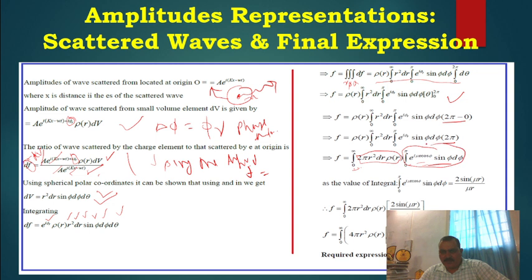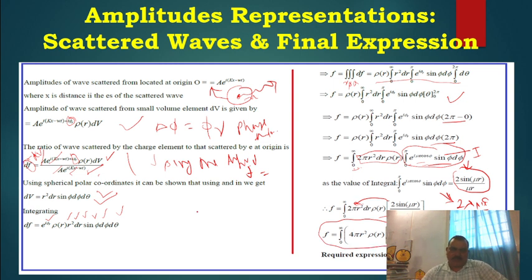This integral is a standard one, having the value 2 sin mu r by mu r. Putting this value, f equals the integral from 0 to infinity of 2 pi r square dr rho r 2 sin mu r by mu r. Finally, 2 into 2, that is f equals the integral of 4 pi r square rho r sin mu r by mu r dr. This is the required expression for the atomic scattering factor.